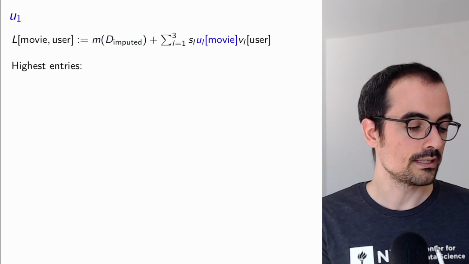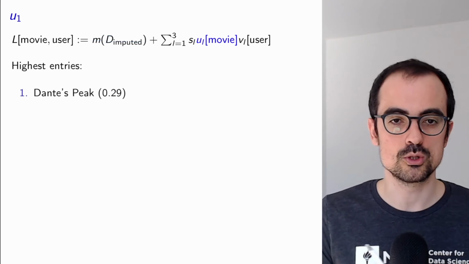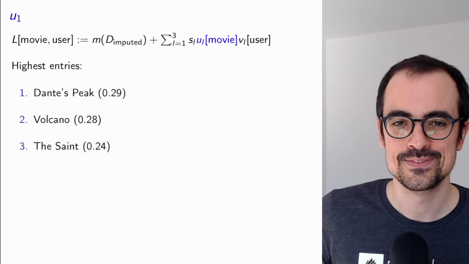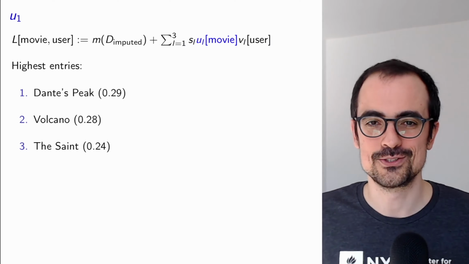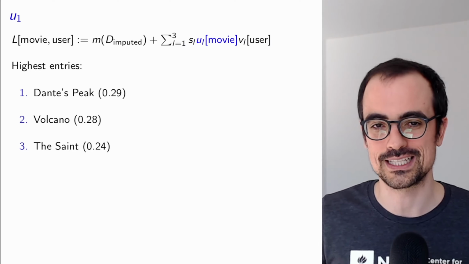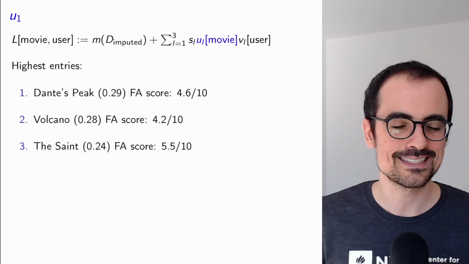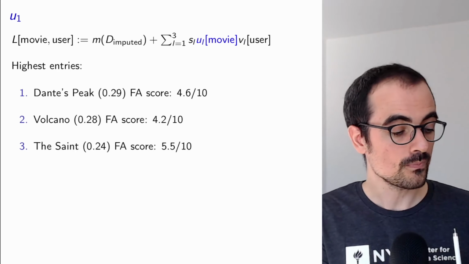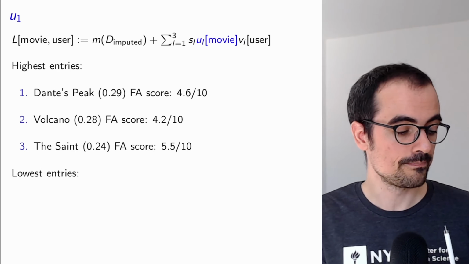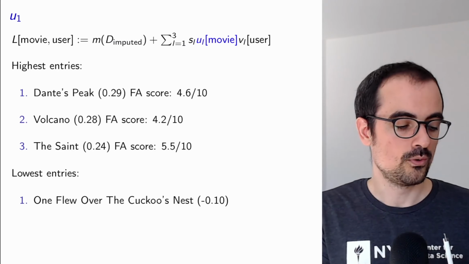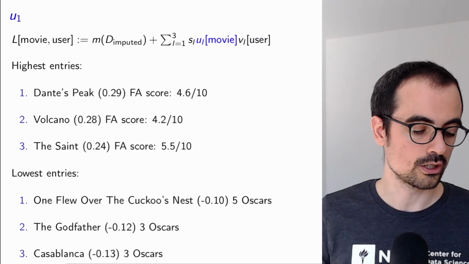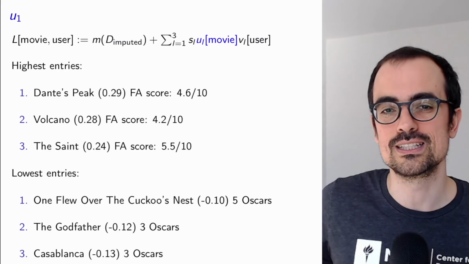For the first one, the highest entries correspond to Dante's Peak, Volcano, and The Saint. I don't know if you have had the pleasure to watch these movies, but if you look at the Film Affinity ratings, essentially they're terrible movies. Whereas the lowest entries here are One Flew Over the Cuckoo's Nest, The Godfather, and Casablanca, all of which got a bunch of Oscars, so they were critically acclaimed.